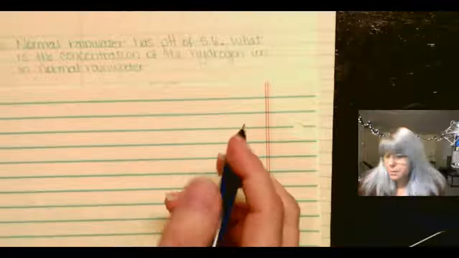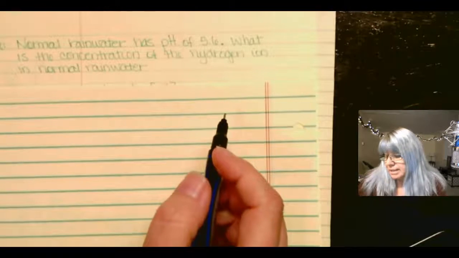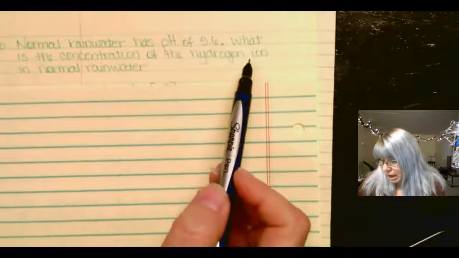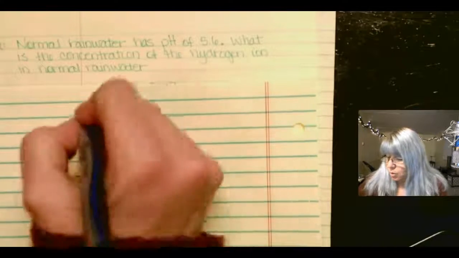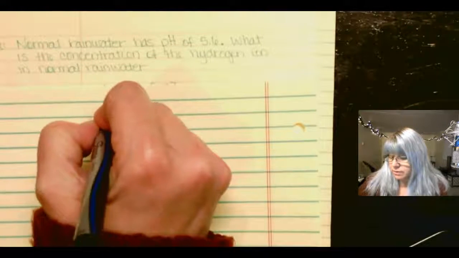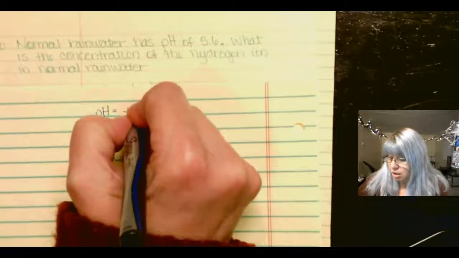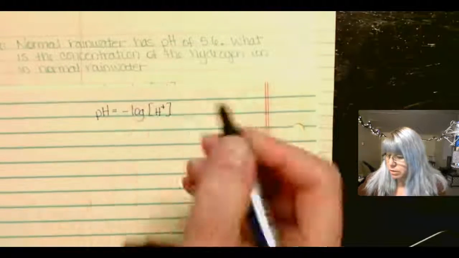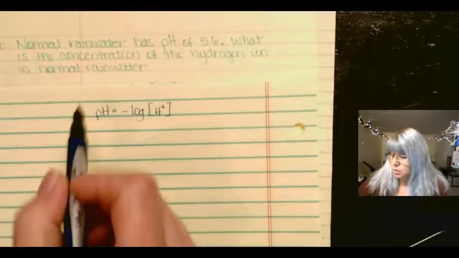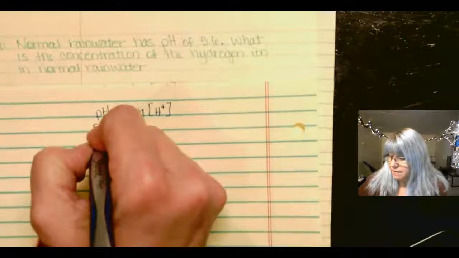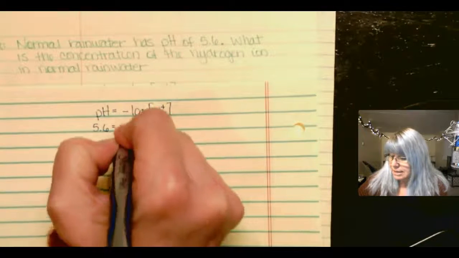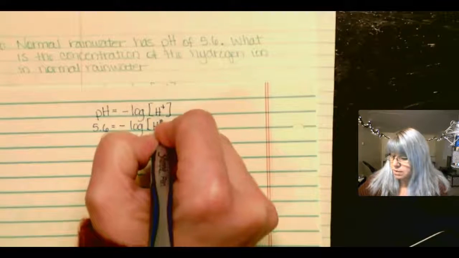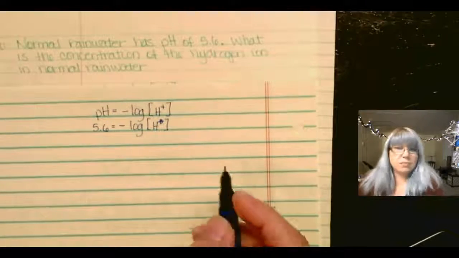Let's work with an example. Normal rainwater has the pH of 5.6. What is the concentration of hydrogen ion in normal rainwater? Well, if the pH equals the negative log of the number of hydrogen ions, then we know 5.6 is negative log of the number of hydrogen ions.